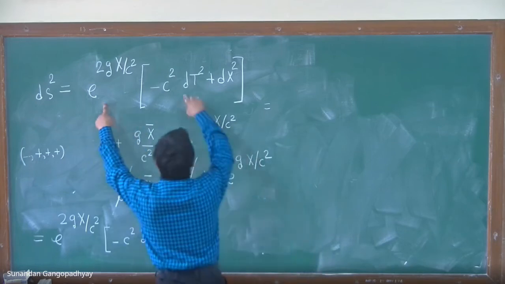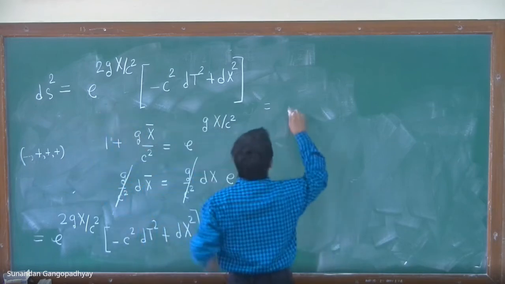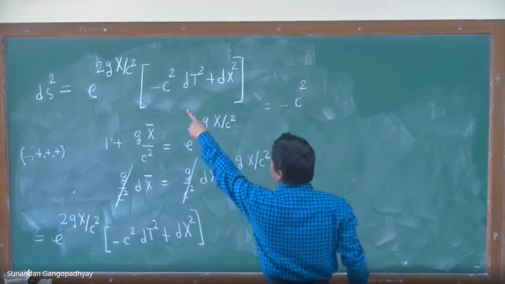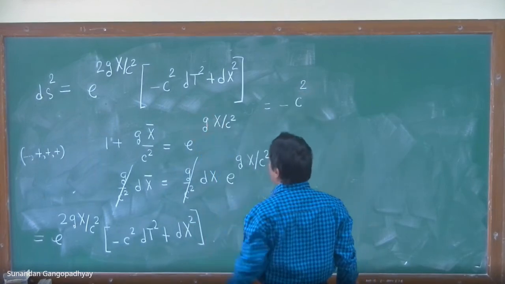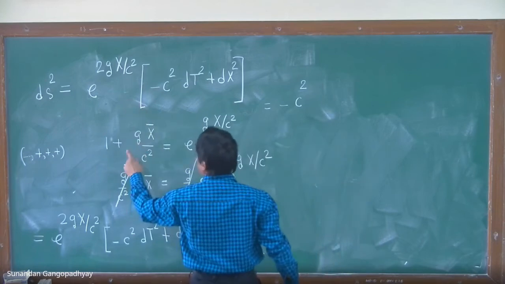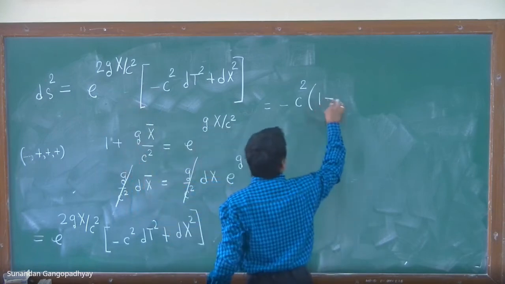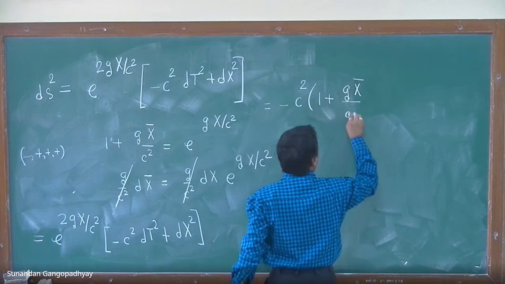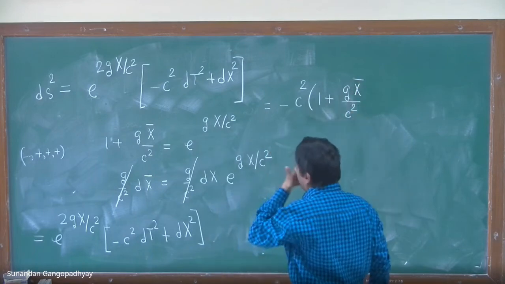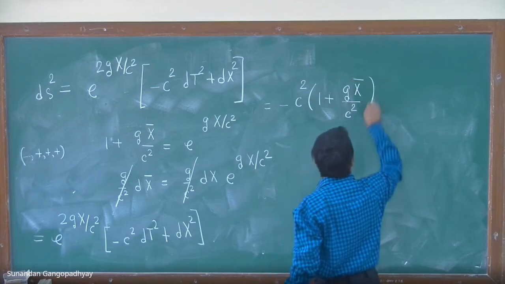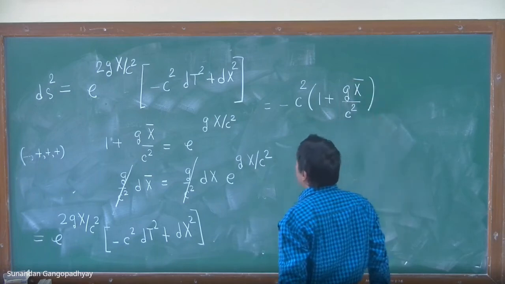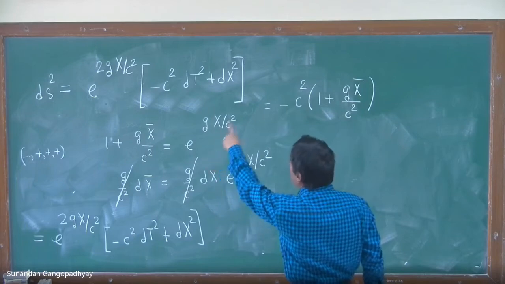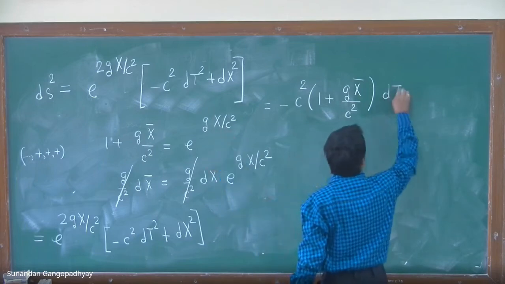So this is multiplied by this thing. So this is minus c square e to the power of that factor multiplied by dt square. But this factor is nothing but this. So I will replace it by 1 plus g x bar by c square, minus c square. This is this, and this is dt square.